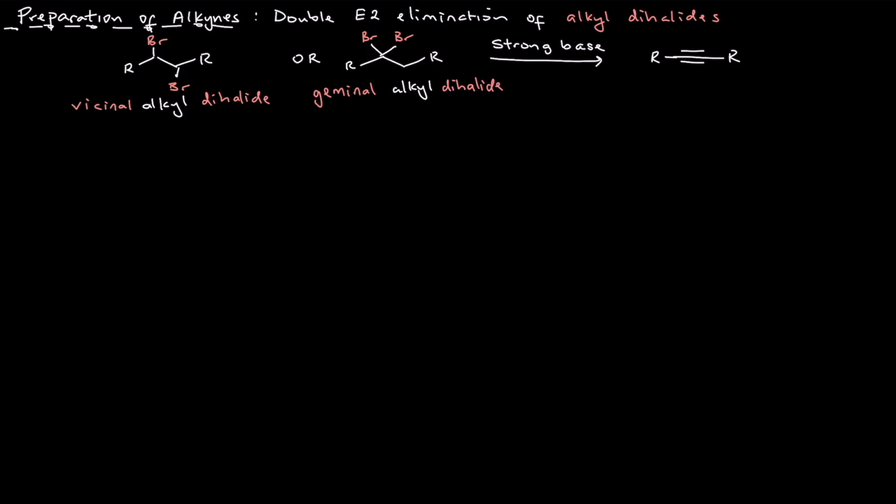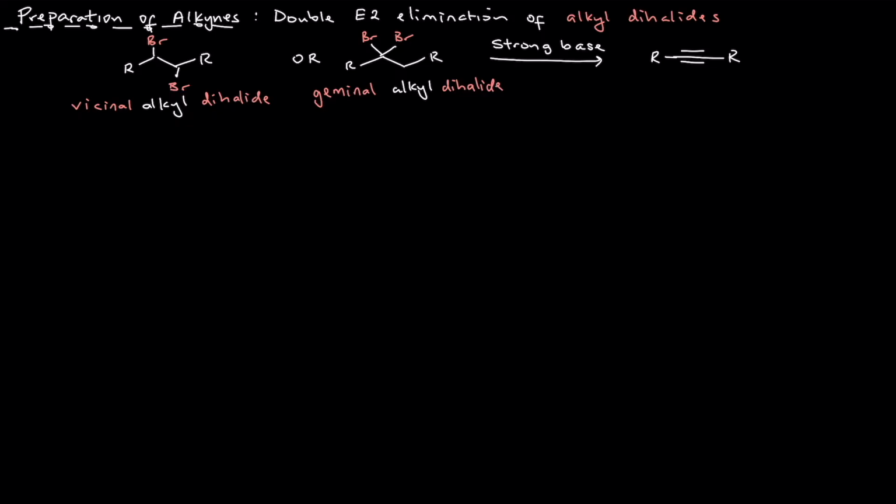If you have a vicinal alkyl dihalide, it's vicinal because the two halide groups are adjacent to each other. Or if you have a geminal alkyl dihalide, that's a geminal relationship because the two halides are connected to the same carbon.